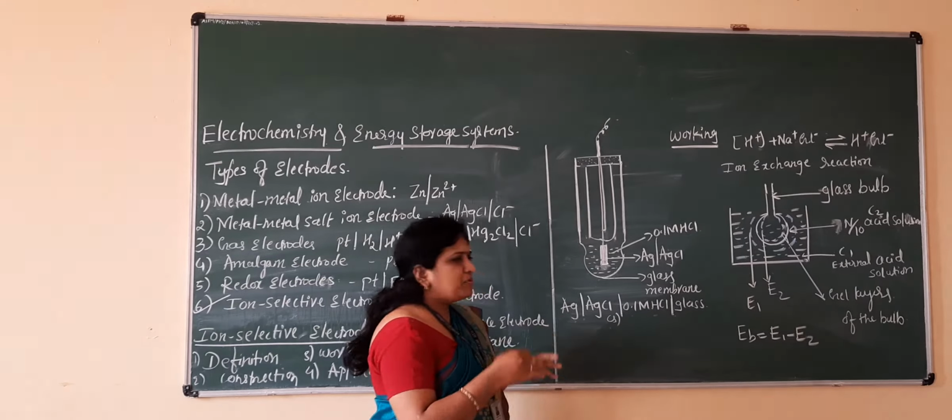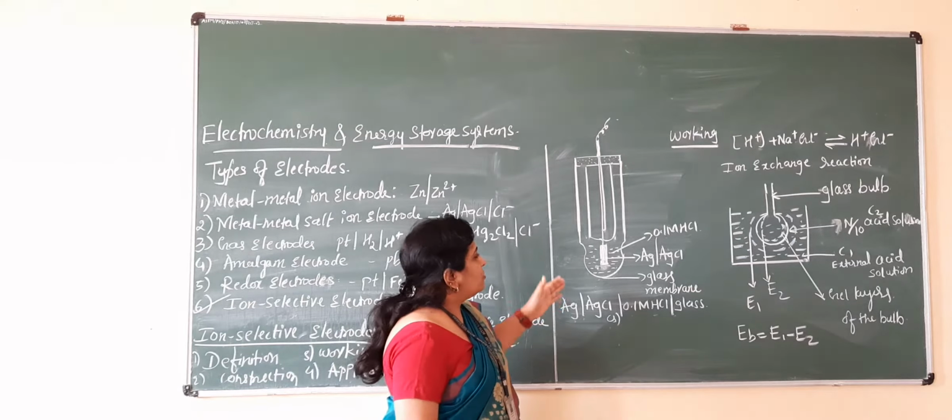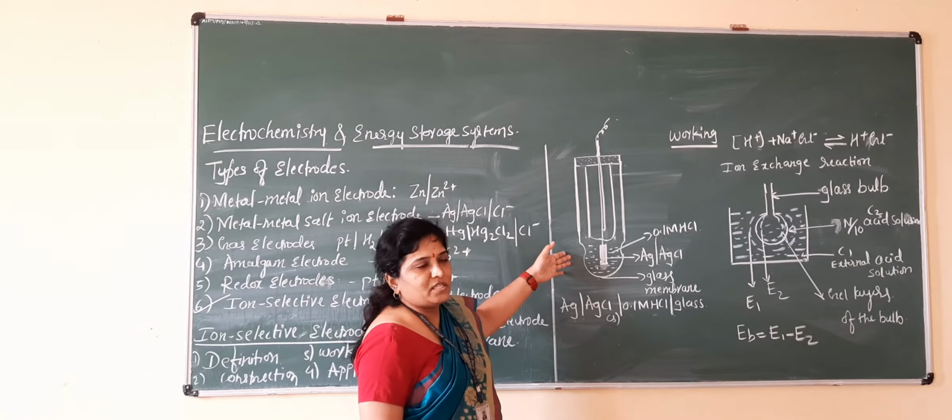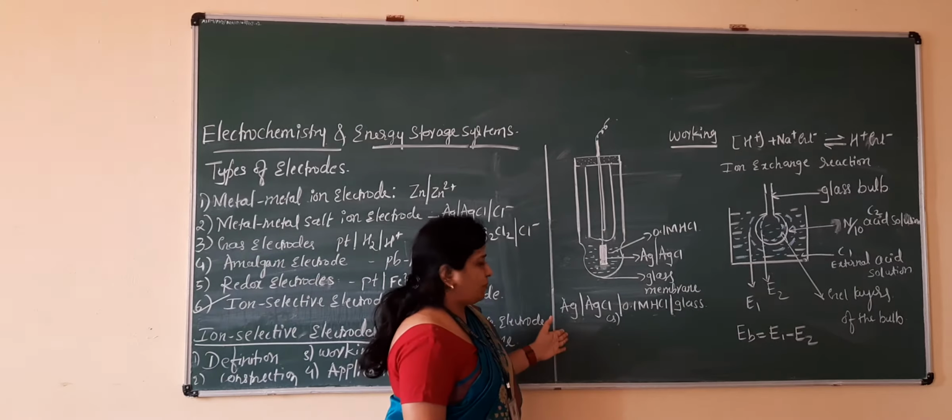So the composition of the glass is like this. This is how we can explain the construction of the glass electrode.